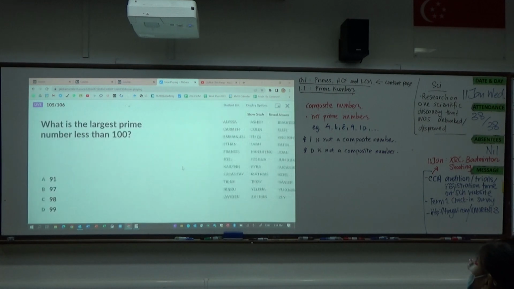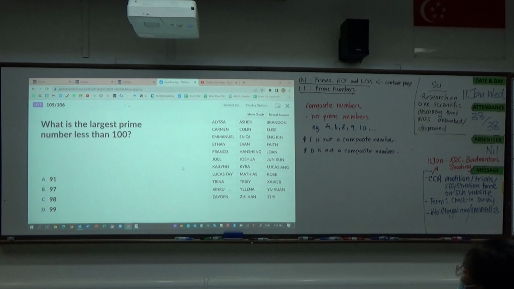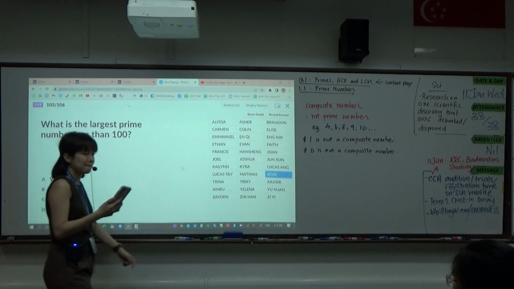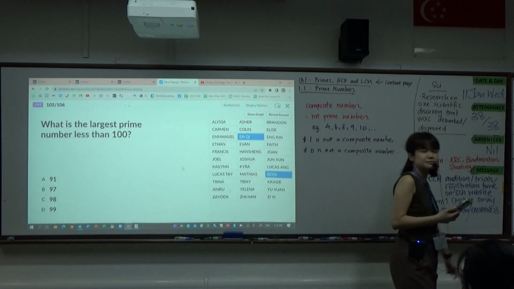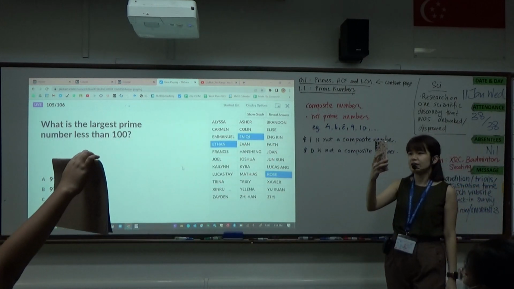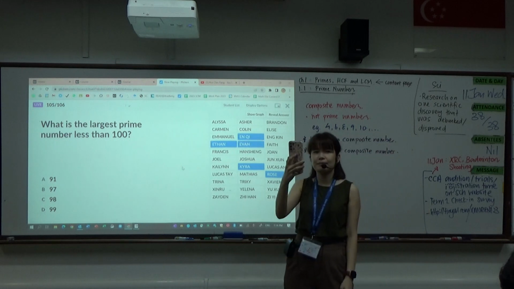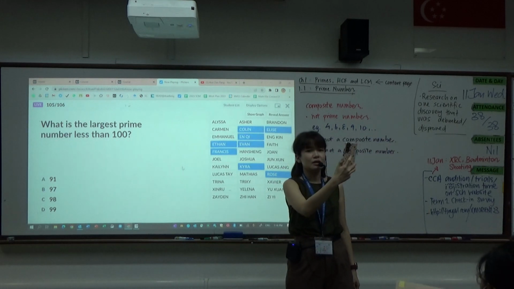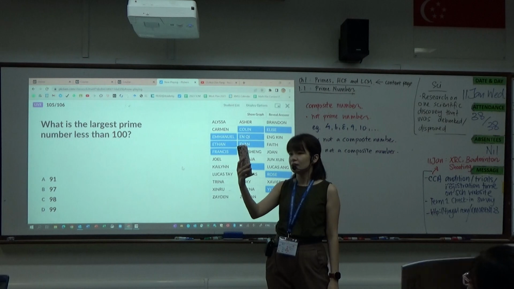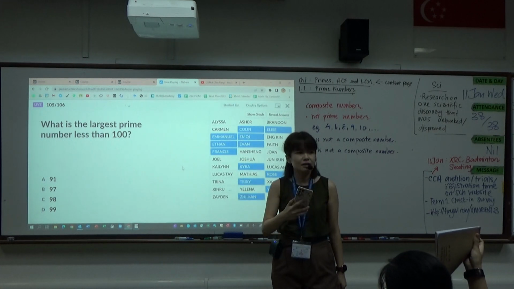What is the largest prime number less than 100? Yes, you can change, so long as you raise it up.